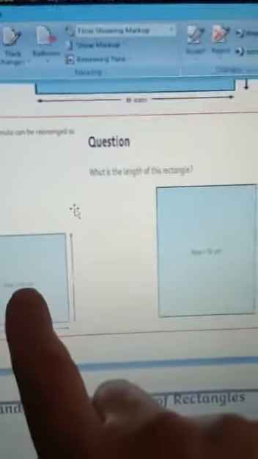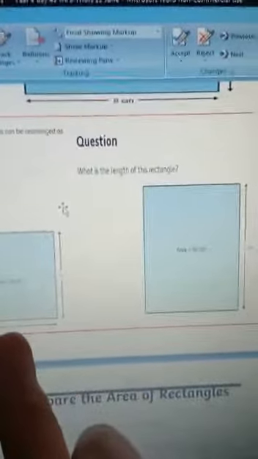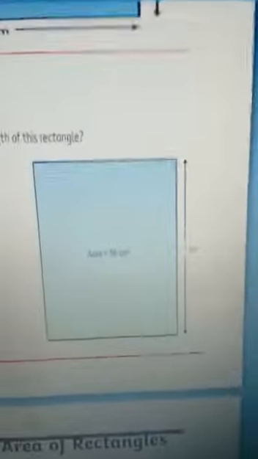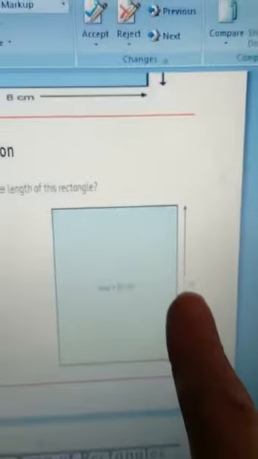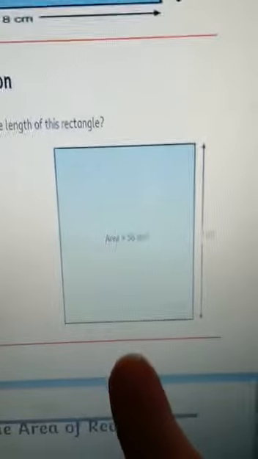You can do the 20 instead of times it divided by the side that you've got, 5. 20 divided by 5 equals what? And for this one you've got 56. If you divide that by 7, it will give you the other side.